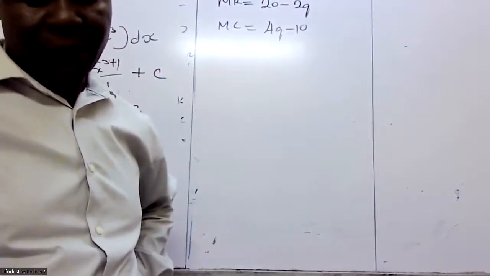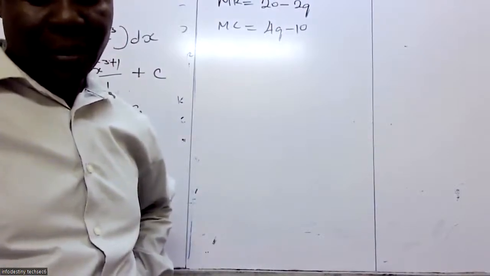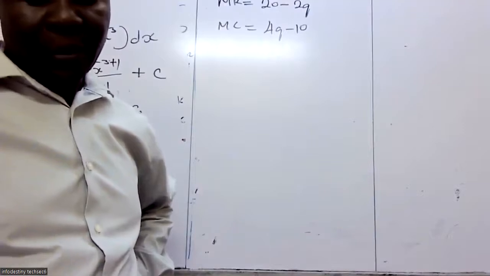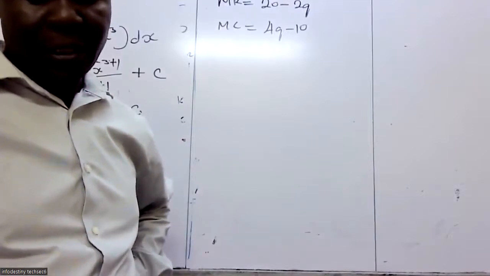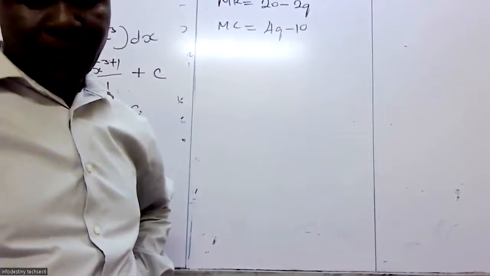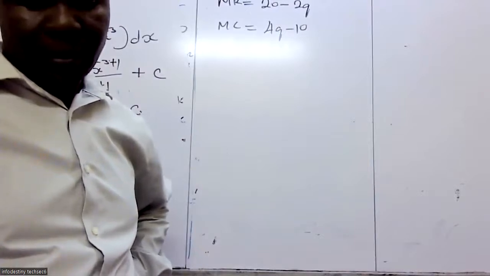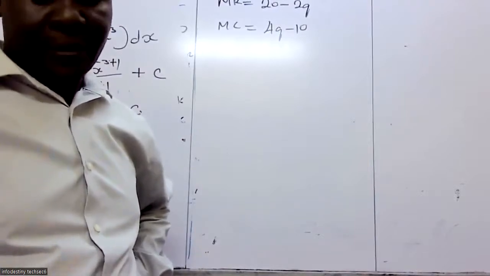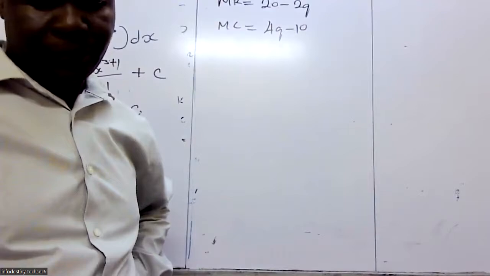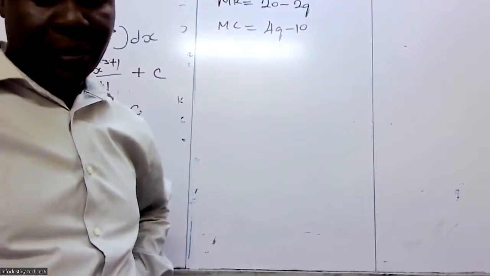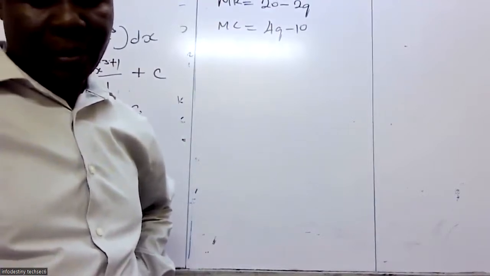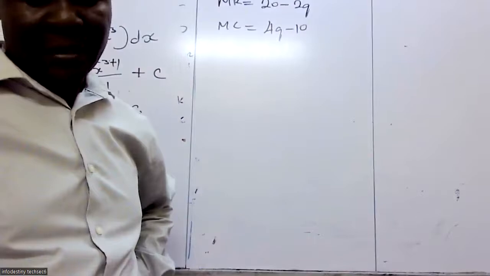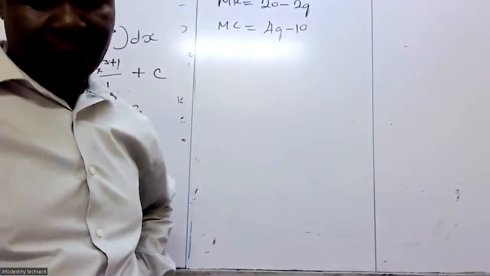D, profit maximization: the price per unit, and the maximum profit.